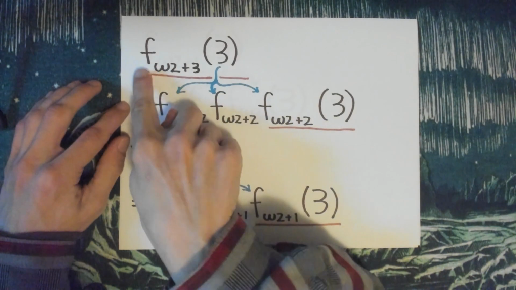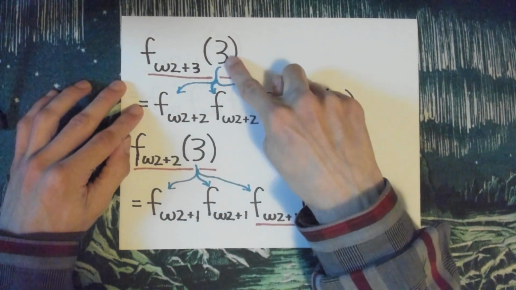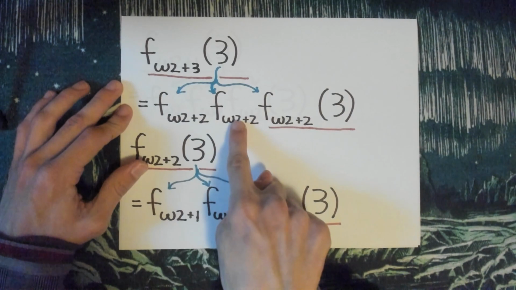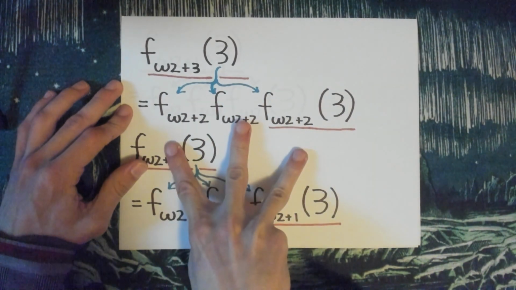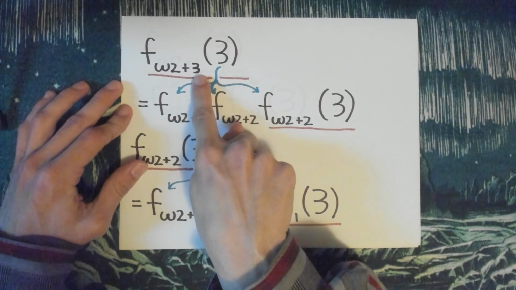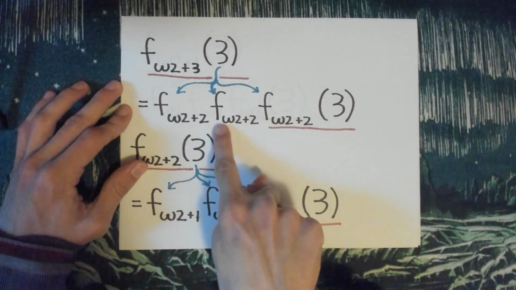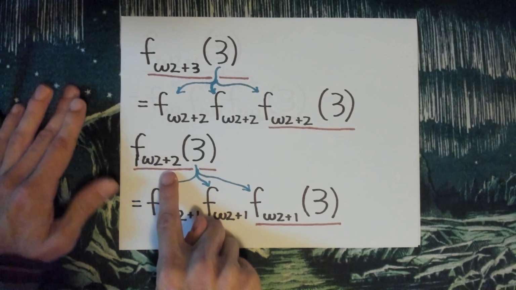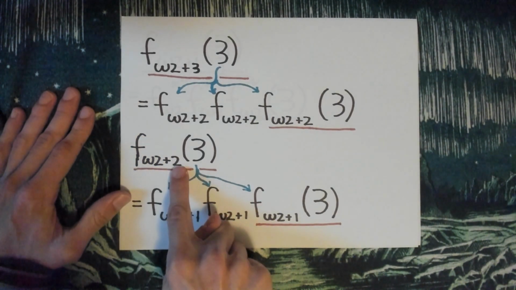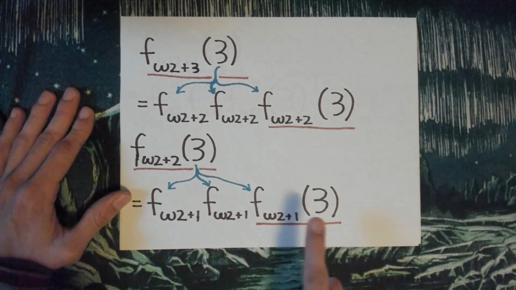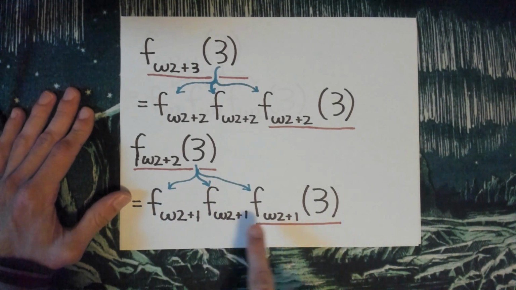With our successor ordinal, I see that the input is 3, so I'm going to repeat the function 3 number of times, but with the power level dropped by 1, so the omega times 2 plus 3 becomes omega times 2 plus 2. Now we can zoom into this over here, and I see that this is also a successor ordinal, still with an input of 3, repeat it 3 times with the power level dropped by 1.